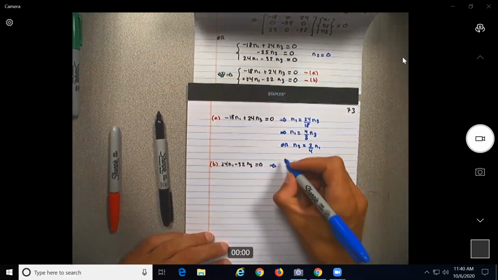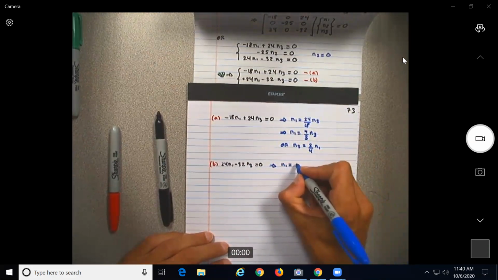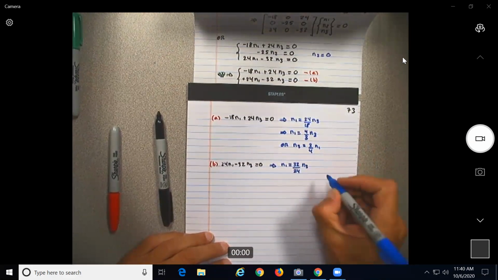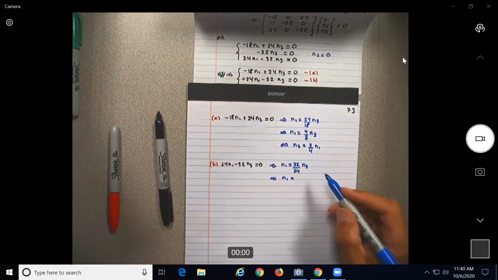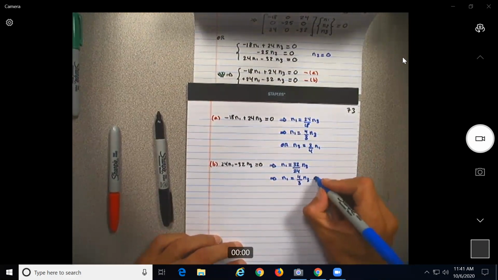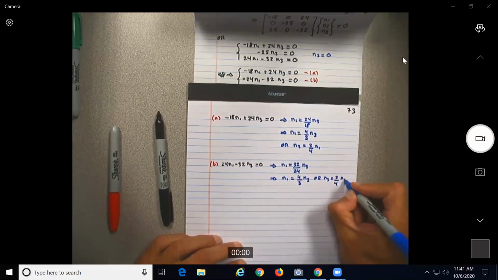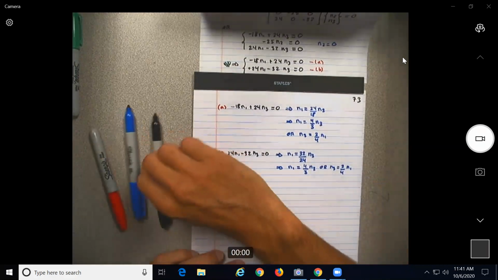It will give you n1 equal to 32 over 24 n3, which, if you divide by 8, will be equal to 4/3 n3, or n3 equal to 3/4 n1. So basically they are the same equation, okay? They yield the same result.